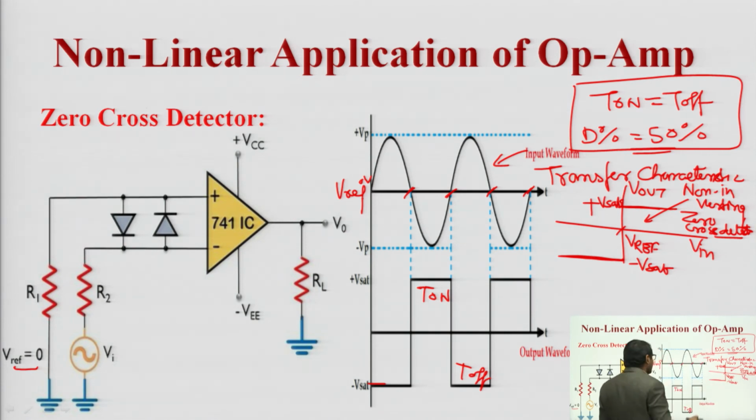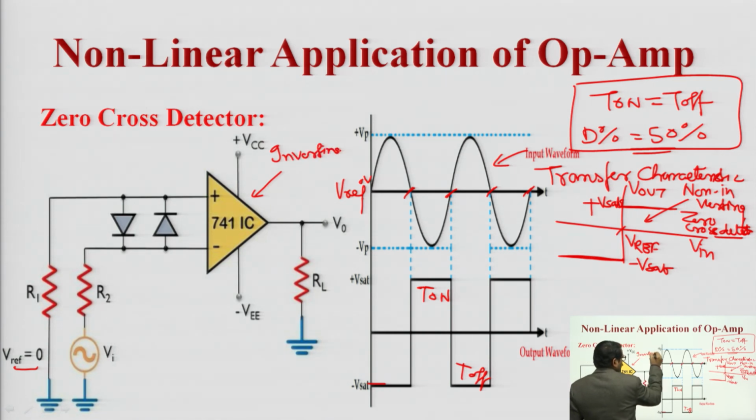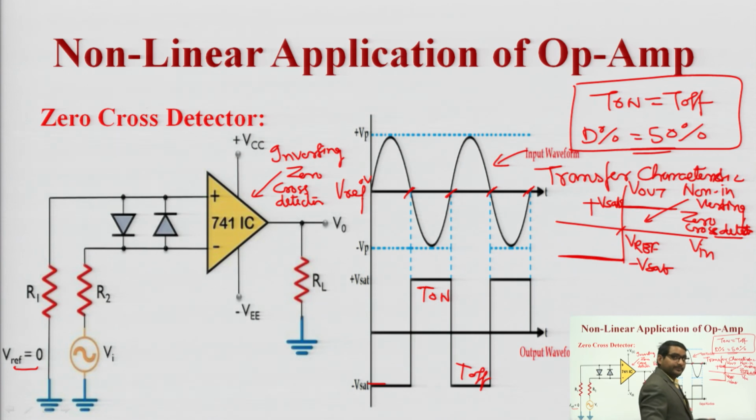Non-inverting zero cross detector, and this circuit here is the inverting zero cross detector, because the time varying signal is applied to the inverting terminal of the op amp.